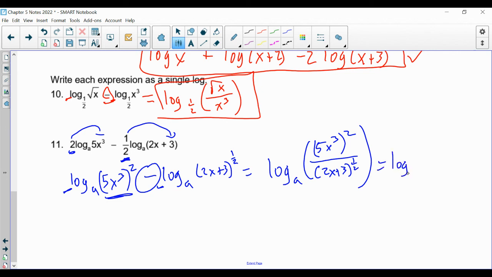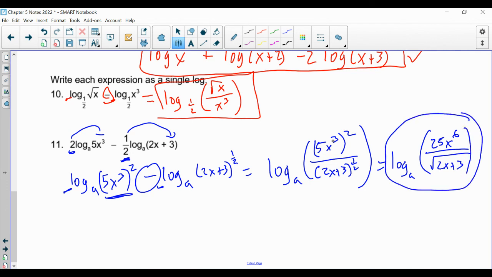If you wanted to simplify that a little bit, it would be 25x, right? 5 squared, and then x to the 6th, because you multiply. And then you could do 2x plus 3. But again, I would have accepted either of those two answers for this one. Okay.